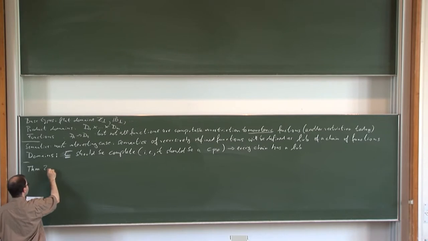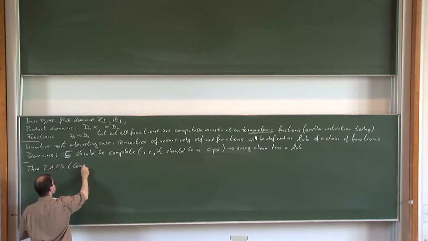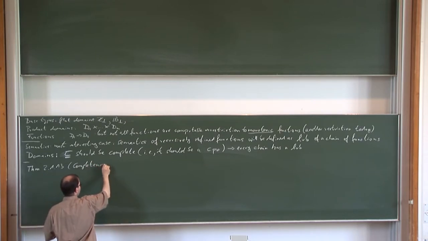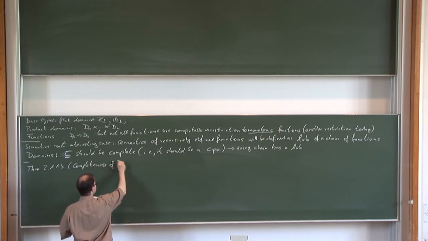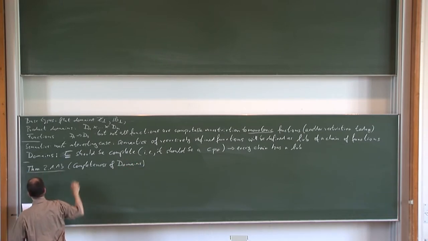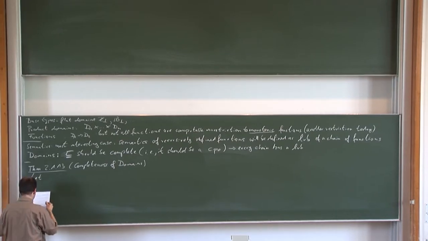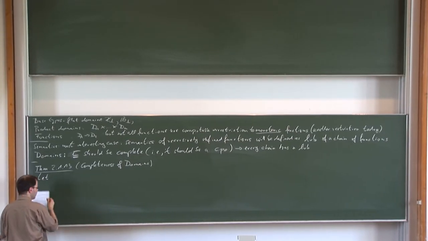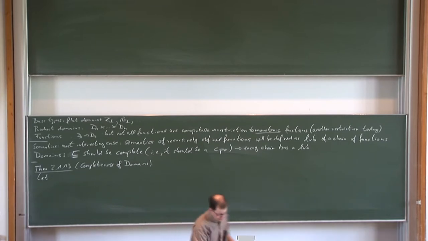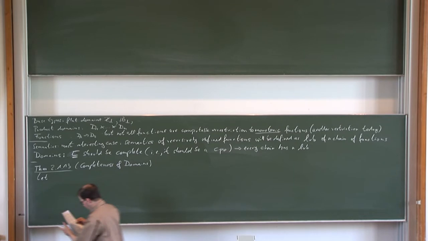This is theorem 2.1.13 about the completeness of the domains that we had up to now. So we have domains D1 to Dn.